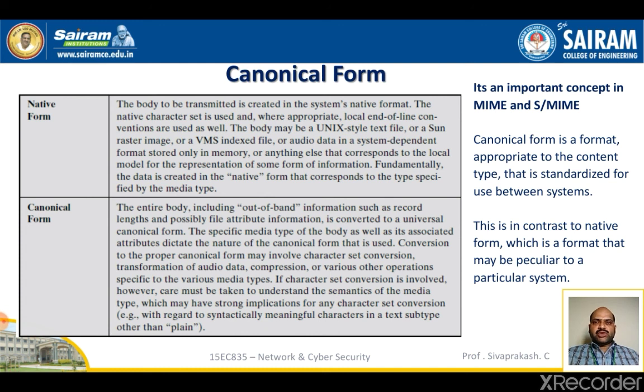A conversion to this proper canonical form may involve character set conversions, a transformation of audio data, compression or various other operations specific to the various media types. If character set conversion is involved, however, care must be taken to understand the semantics of the media type, which may have stronger implications for any character set conversion.